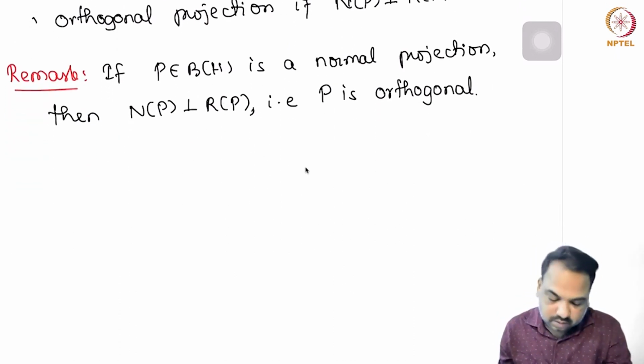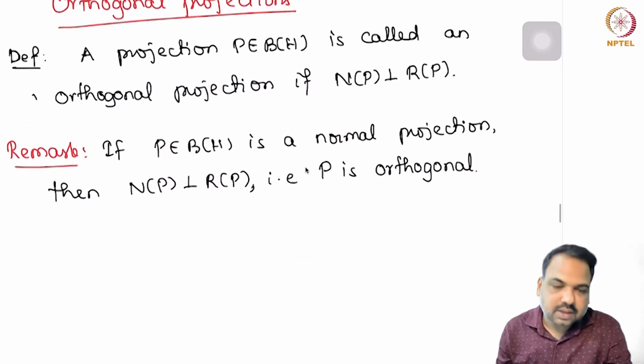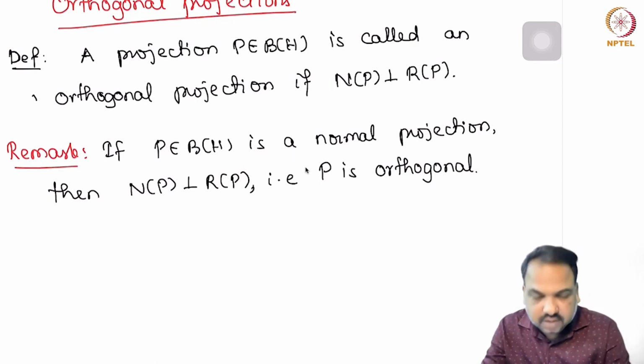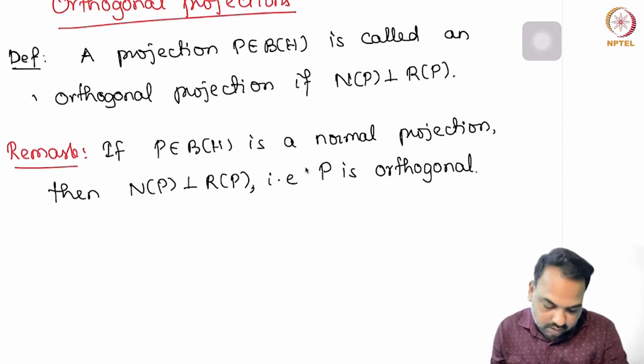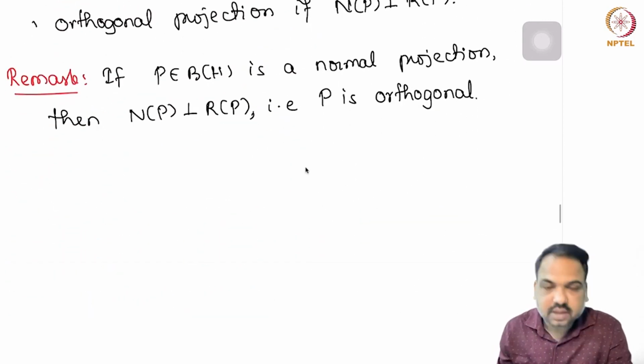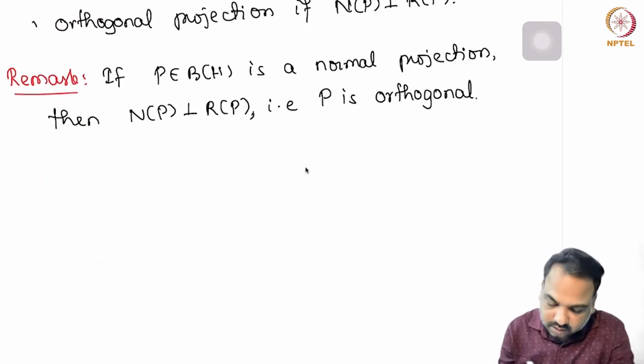Now, what is the advantage of having orthogonal projections? What is the difference between usual projections and orthogonal projections? So we will see the difference now. We can write it as a theorem.